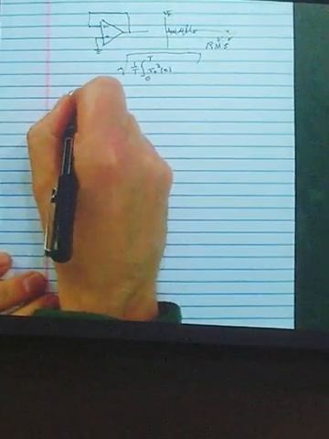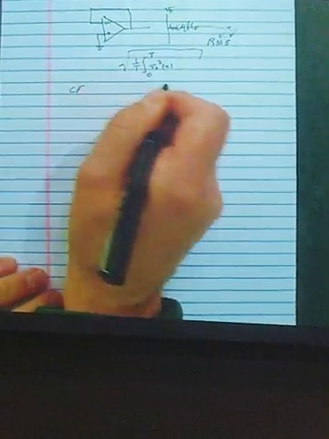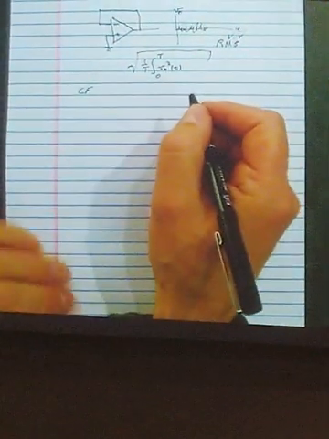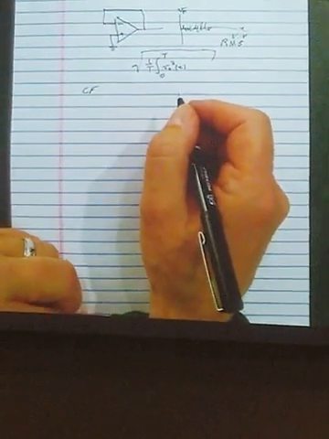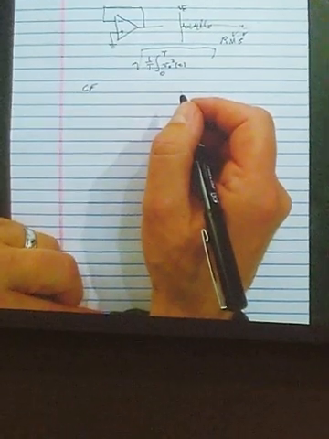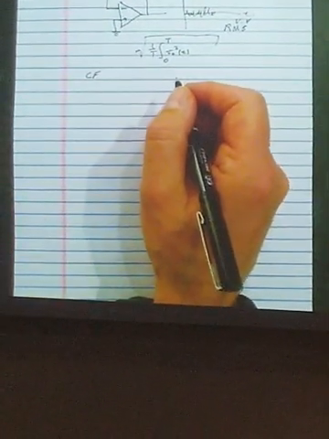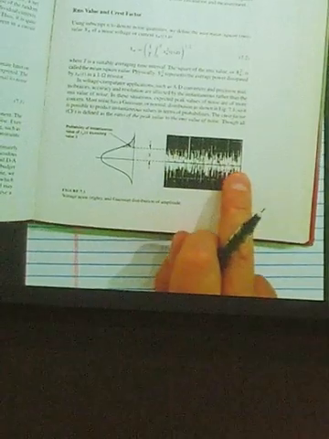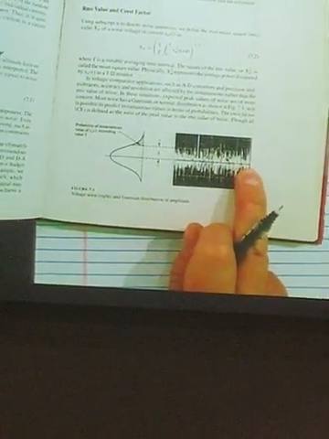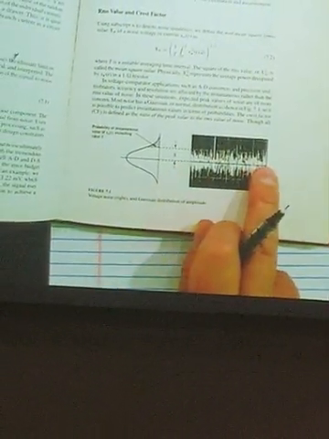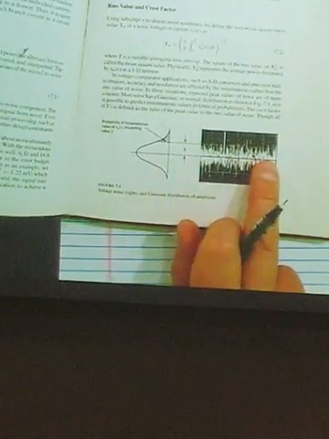We can then define crest factor. And crest factor is simply how big is the instantaneous value compared to the RMS value. So let's suppose that this signal, you run it, you square it, you take the average of that squared value, and then you take the square root of that.